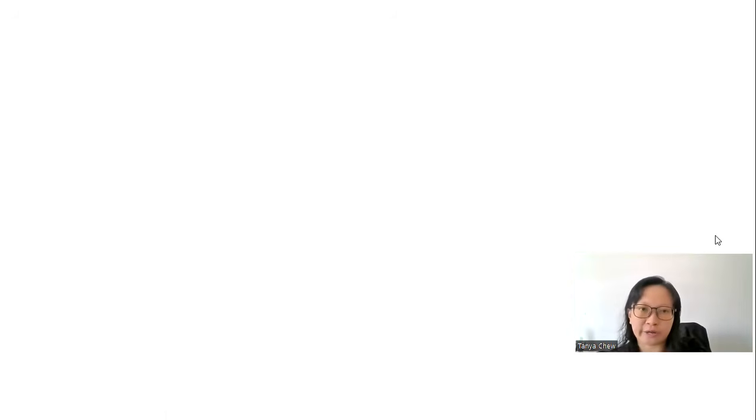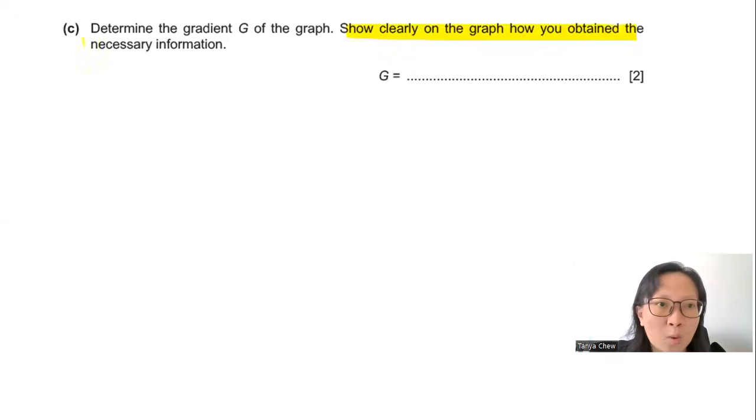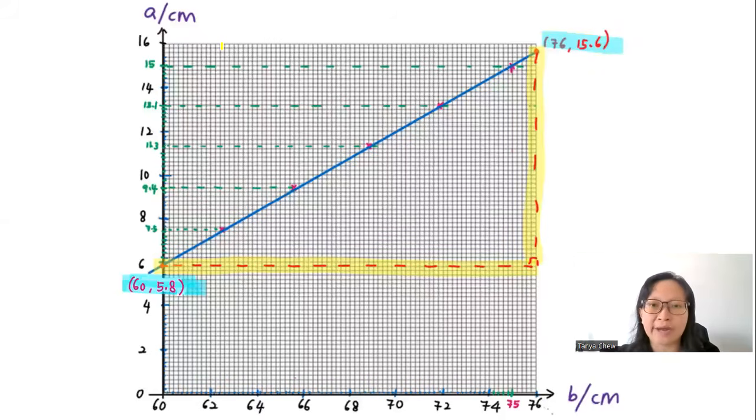Just forget about this triangle first because it is related to part C. Part C, you are asked to determine the gradient G of the graph. Show clearly on the graph how you obtained the necessary information. See this? This is the one that you need to show on the graph. That's also the reason why I draw my triangle.